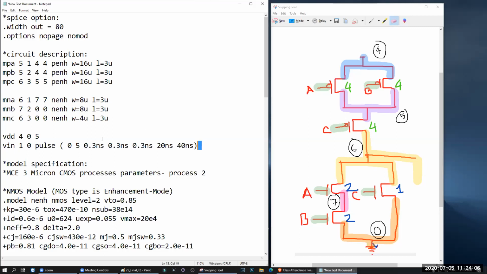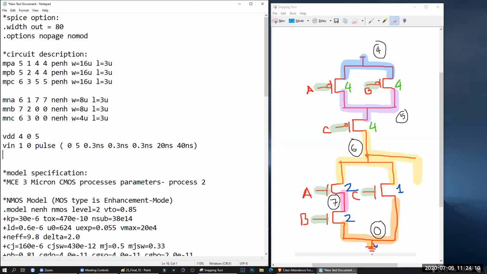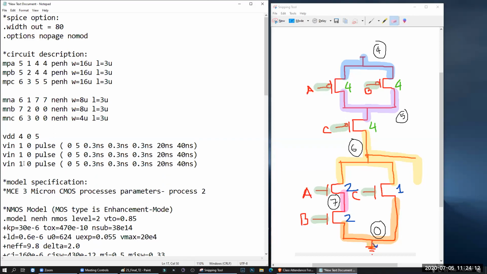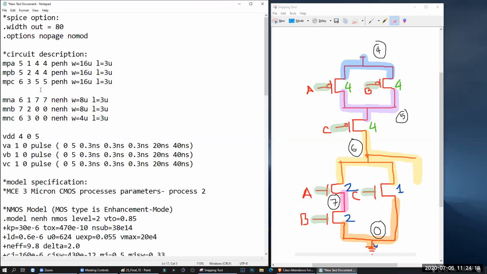Now you have how many inputs? 3 inputs. One is VA, VB, then VC. So the first one is connected at node number 1. The second one is connected at node number 2.